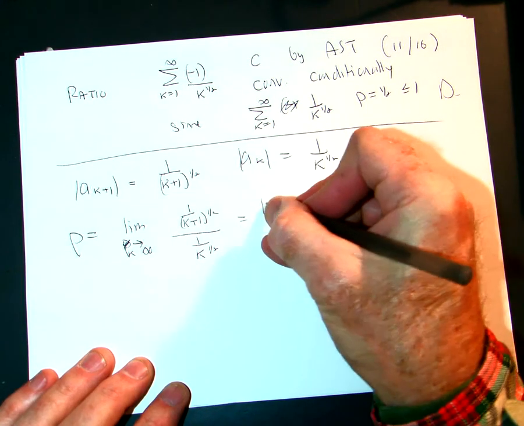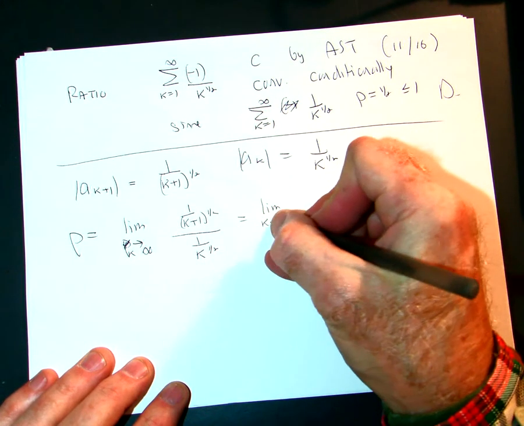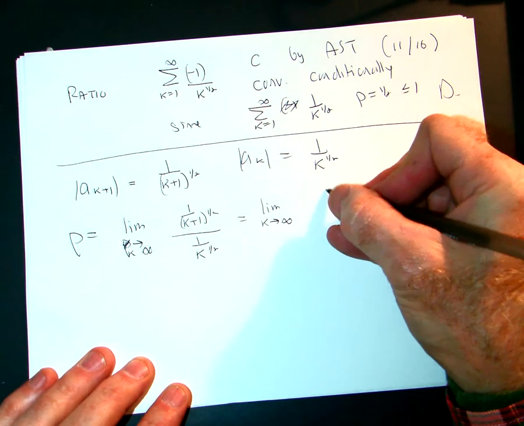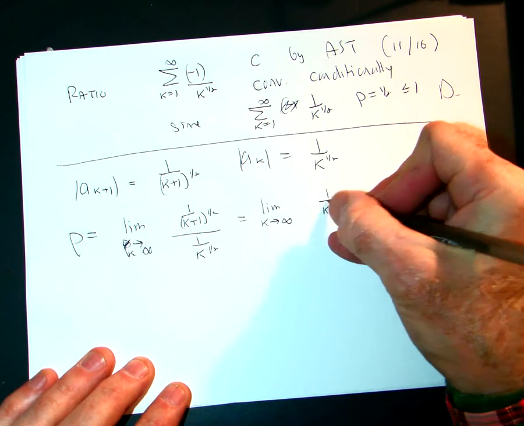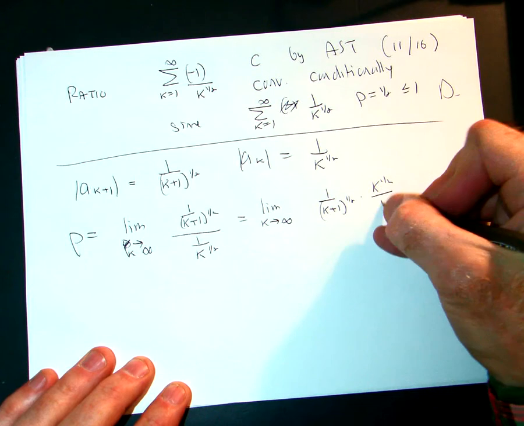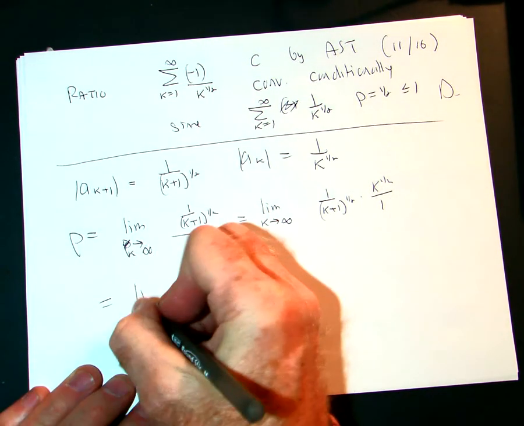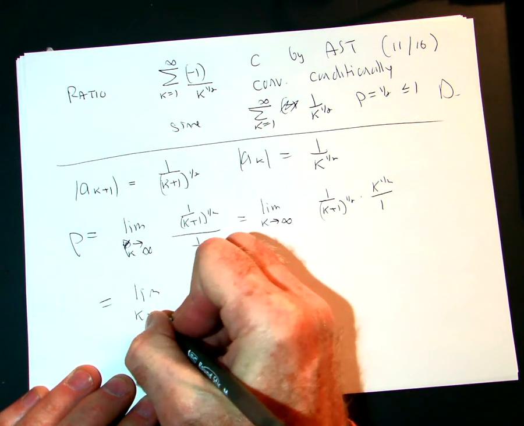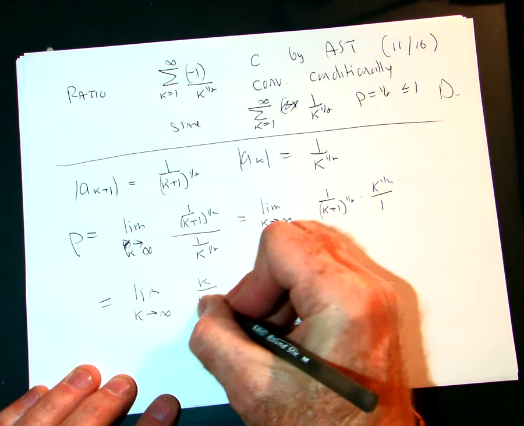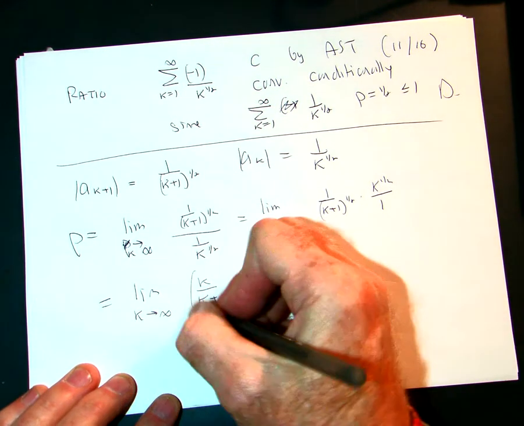That's equal to the limit as k goes to infinity of 1 over k plus 1 to the 1/2 times k to the 1/2 over 1. Well, I can write this as the limit of k over k plus 1, to the 1/2.